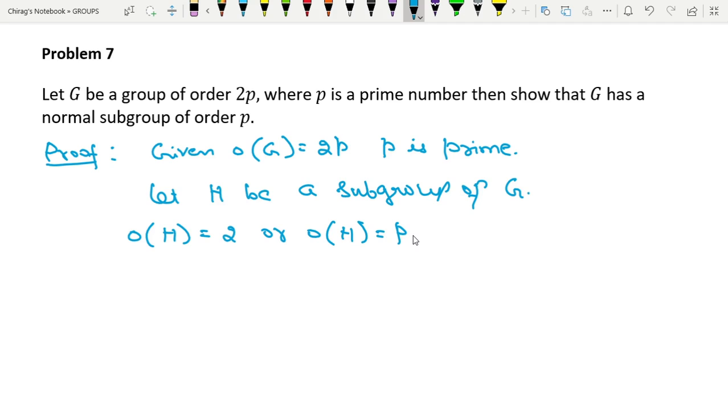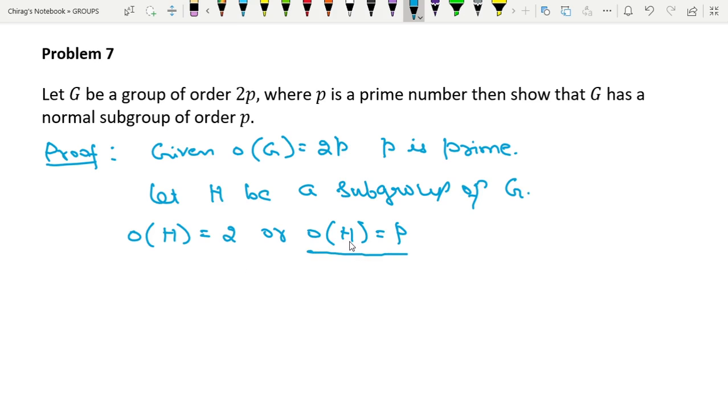These are the only two subgroups if they exist, because of Lagrange's theorem. Lagrange's theorem states that if G is finite, then order of H divides order of G. Now order of G here is 2p. The only divisors of 2p are 2 and p. So therefore order of H must be either 2 or p. So therefore there exists a subgroup H of G whose order is p.